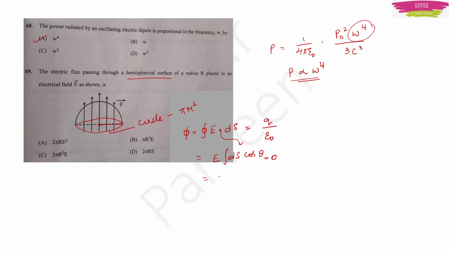That's why cos 0 will become 1. E into integral ds. Now the surface area is pi r square, because we are talking about the flat surface of this hemisphere, which is a circle. Sorry, it is E dot pi r square. So it will be pi r square E. So option B is the right answer. Okay, moving on to the next question.